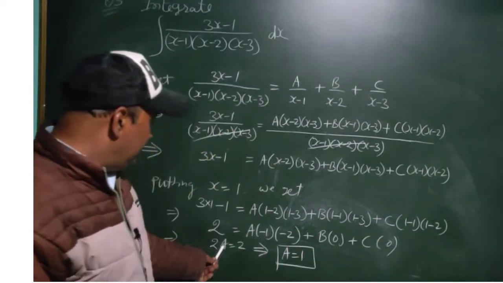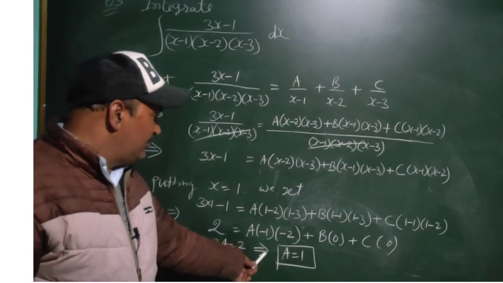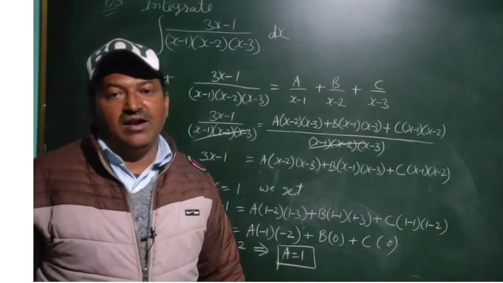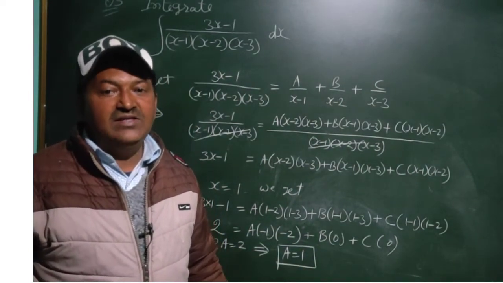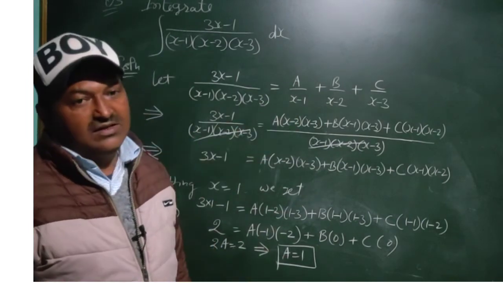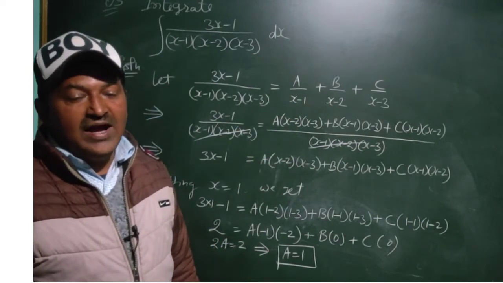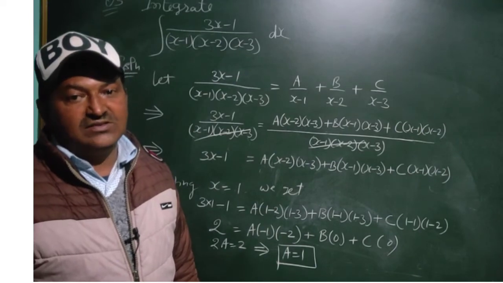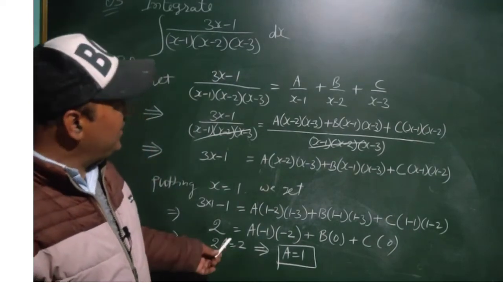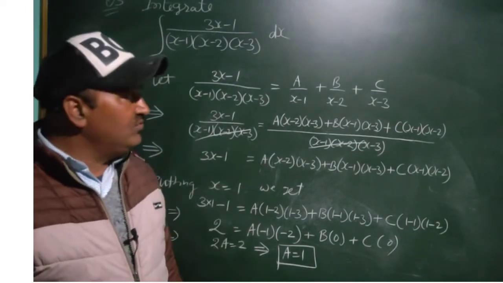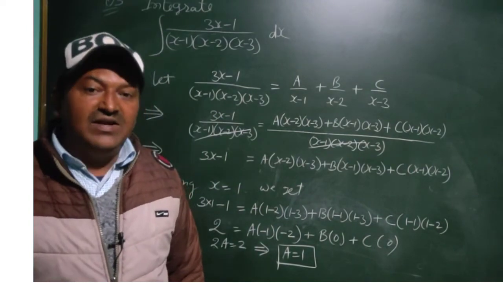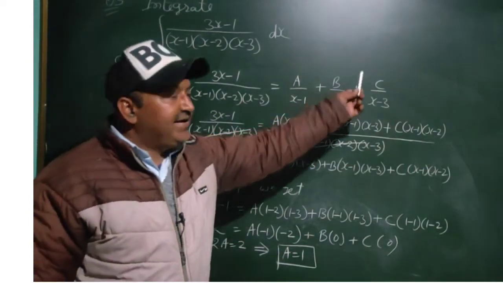And after this, we get 2A is equal to 2. This implies A is equal to 1. We have found the value of the first constant A, which is required to find the partial fractions. Similarly, putting x is equal to 2 and x is equal to 3 respectively, we will get the values of B and C.